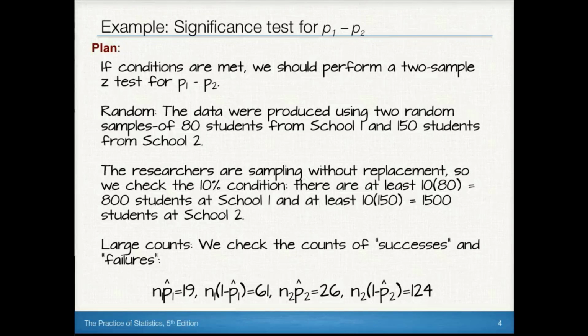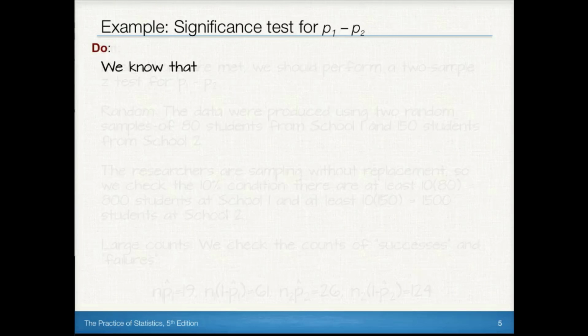Finally, for large counts, we have to check the counts of successes and failures and ensure they're all at least 10. In this case, when we look at our sample size times p hat 1, we have 19 successes and 61 failures in sample 1, and 26 successes and 124 failures in sample 2. All are greater than 10, so our large counts condition is met.